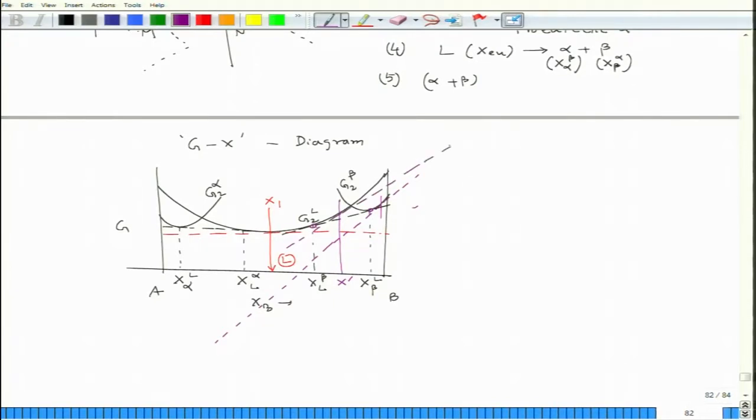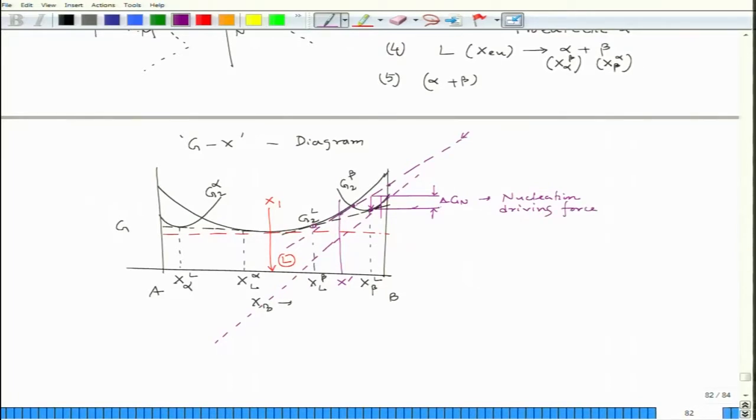This is the new tangent I am drawing, and I could see that from this point to this point everywhere I could have a possibility of beta formation, because the beta line is below this tangent line. So, I could get a situation of delta G n for this particular composition, and this is nothing but nucleation driving force.